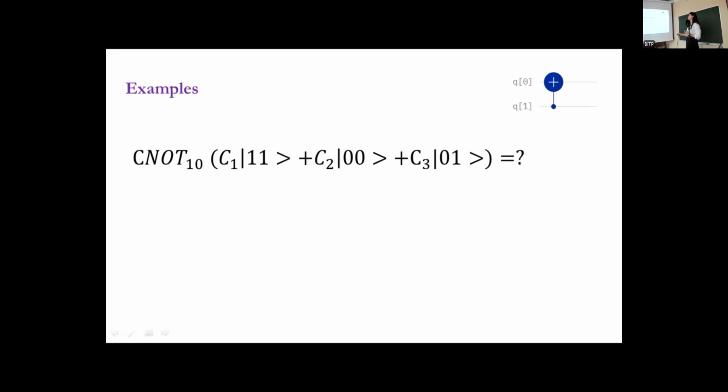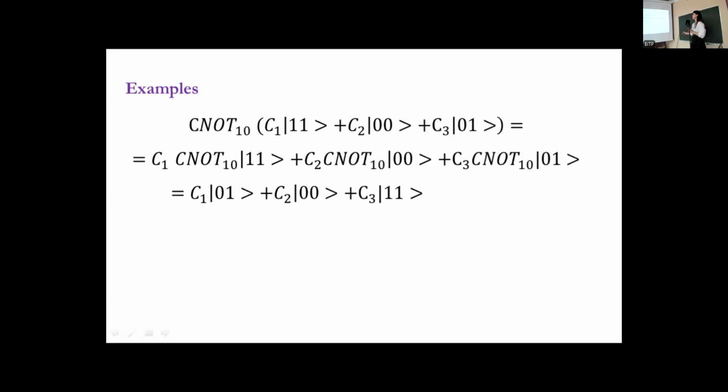So we have 1 and 0. What does it mean? That qubit 1 is the control and qubit 0 is the qubit on whose state the NOT operator has to act or not. So after the action of this 2-qubit gate on this superposition, we have the following results.